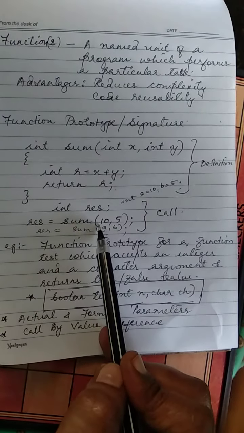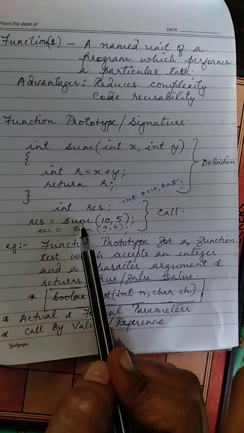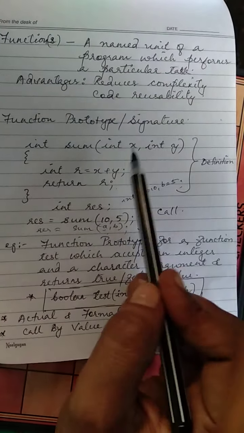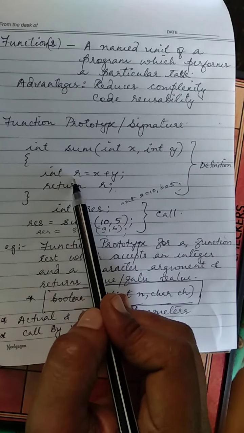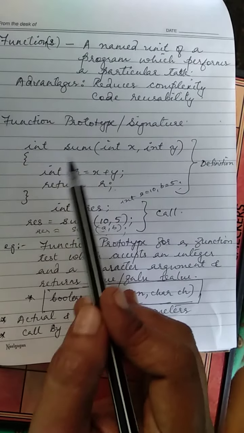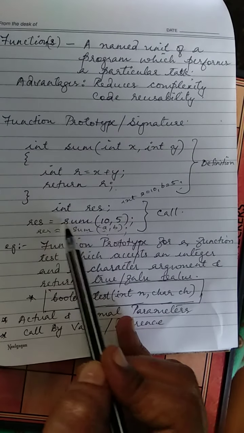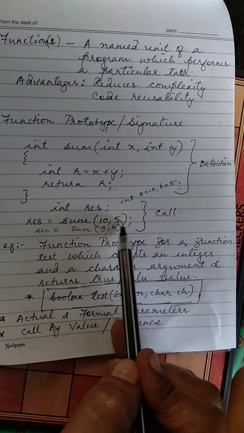And when you call a function, suppose you are calling sum of 10 comma 5, 10 comma 5 will come here. What is 10 plus 5? 15. 15 will be stored inside r, and this 15 will be coming back to this function. So this right side gives you 15 as the answer.